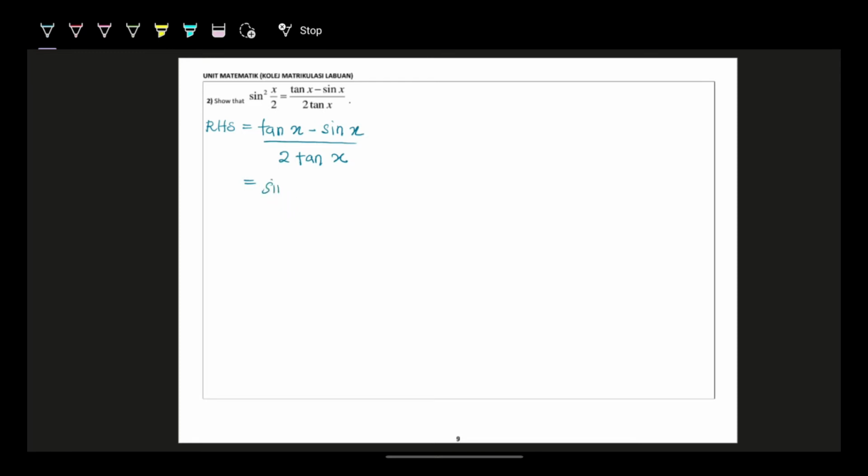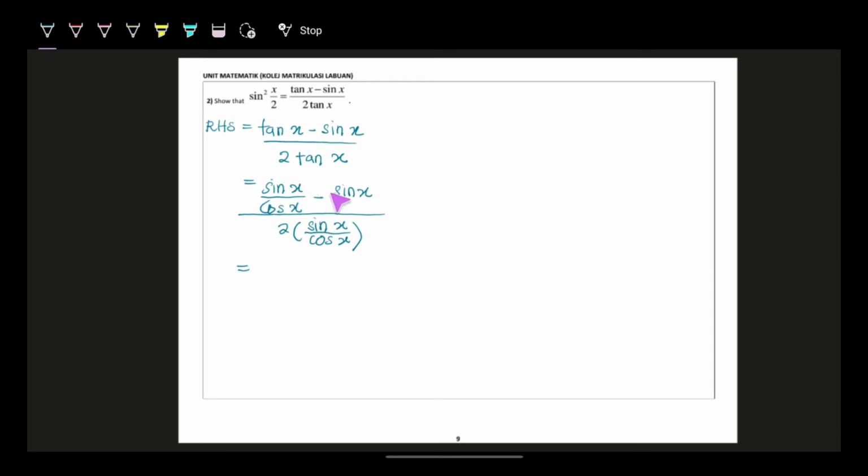First we extract sine x over cos x over sine x over cos x. Why do we do this? Because we know the left hand side is sine, so everything must be in sine. So tangent we reduce to the sine.